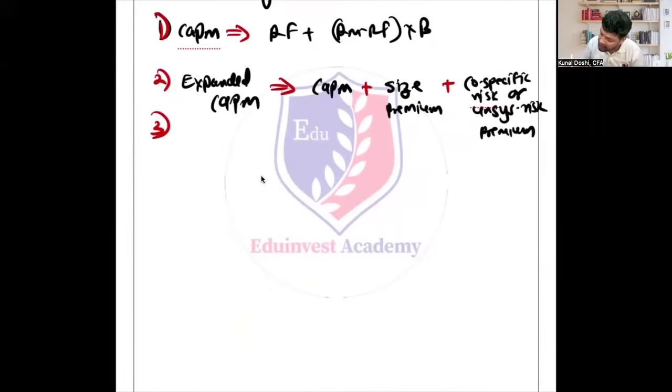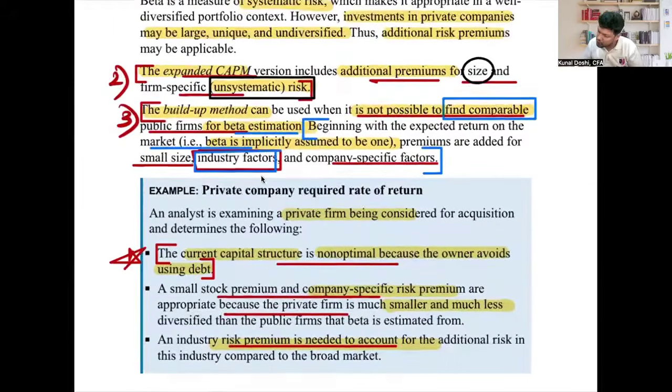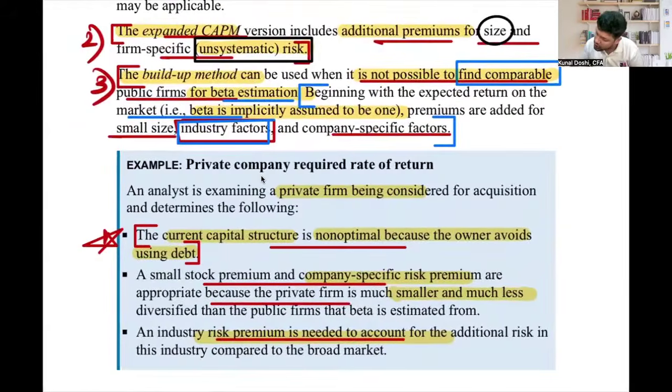The third is a much broader and more detailed approach, the build-up approach. In the build-up approach, this is the model used when there is no possible comparable public company. In that, we will use a similar approach to what we did in expanded CAPM.